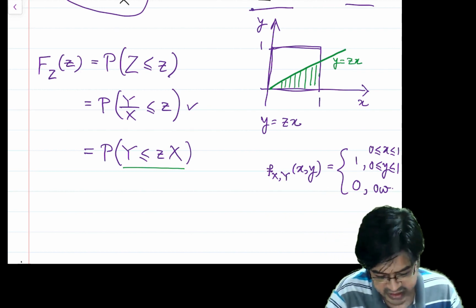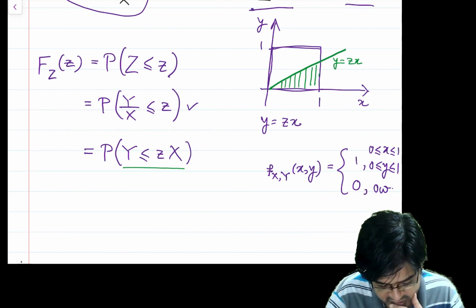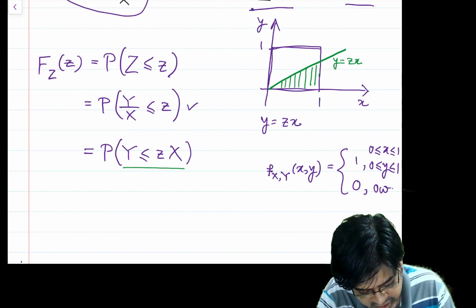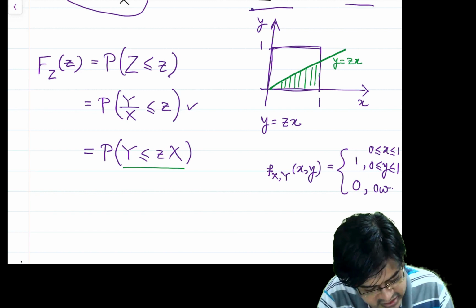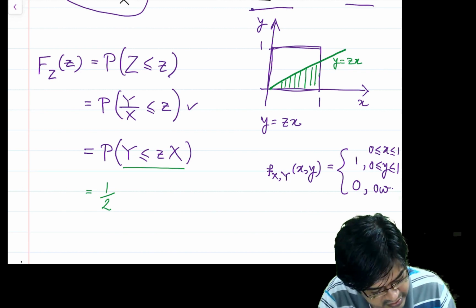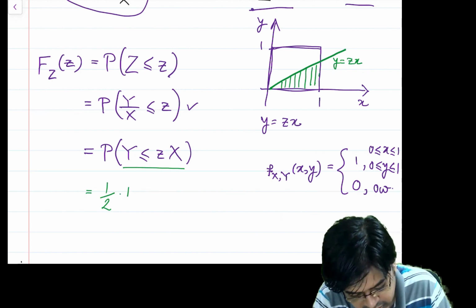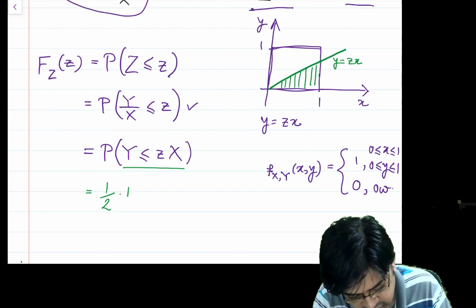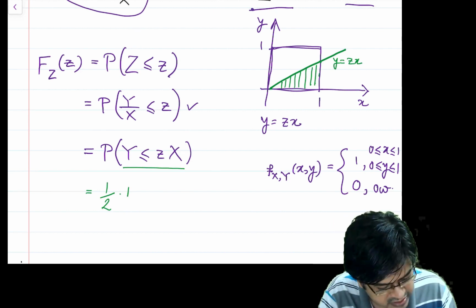So this area I can actually compute as, because I have been given a uniform random variable, the base is a unit length, so this is half times the unit length. And what will be the coordinate of this line? Because my x is equal to 1, y should be equal to z.